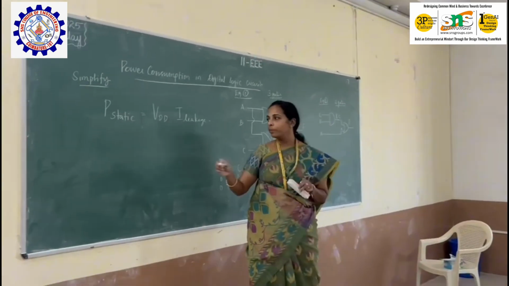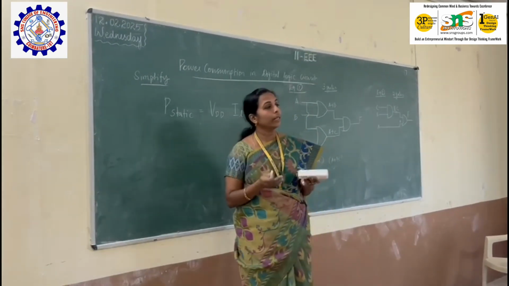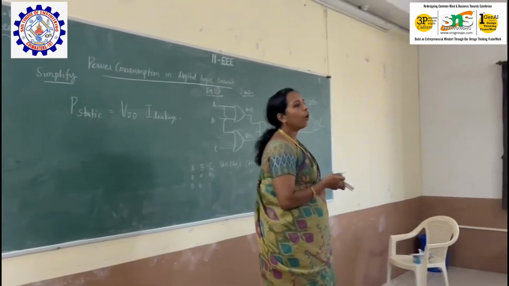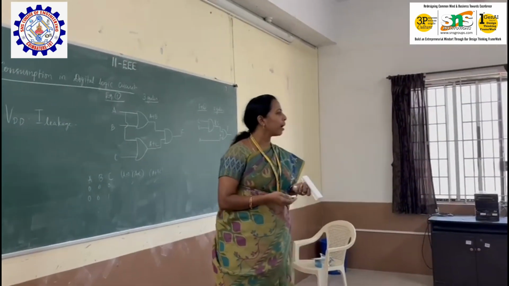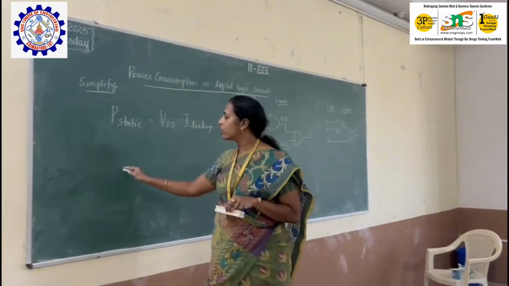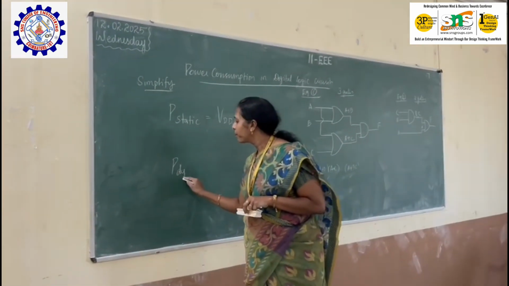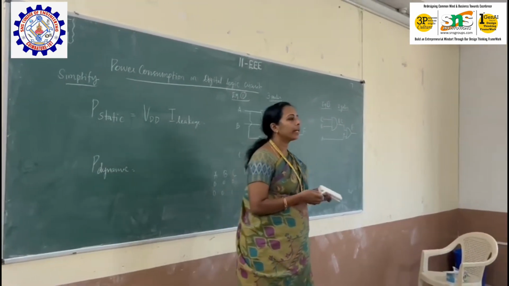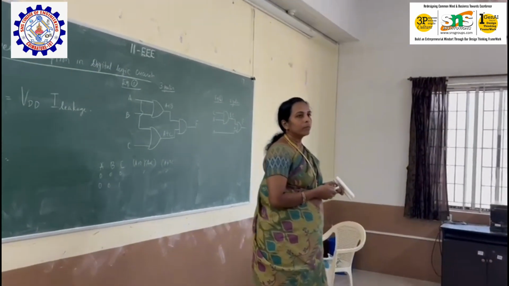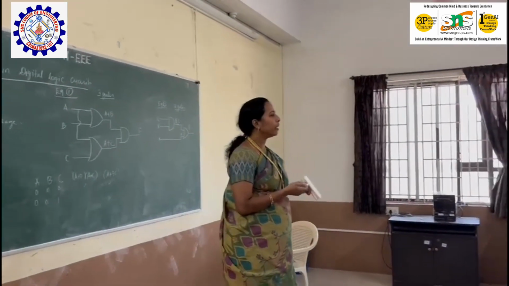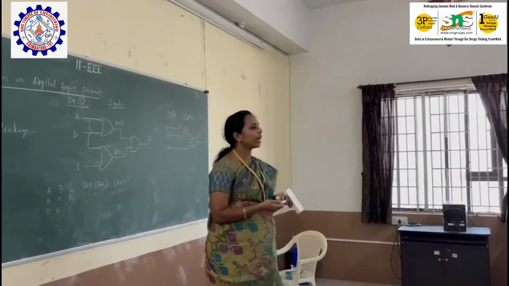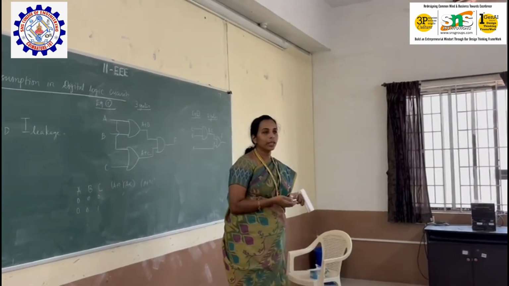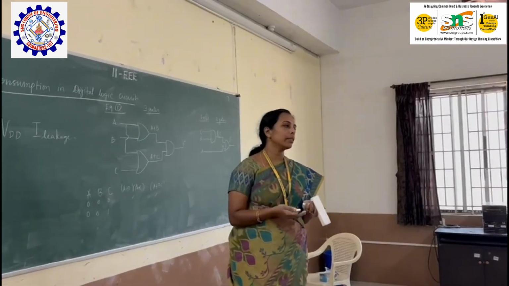Now coming to the other one. When switching activity takes place, or a transition is there, we have power, and that power is known as dynamic power. What is meant by dynamic? Movement, changing. When there is a switching activity or a transition, then obviously we will have dynamic power.